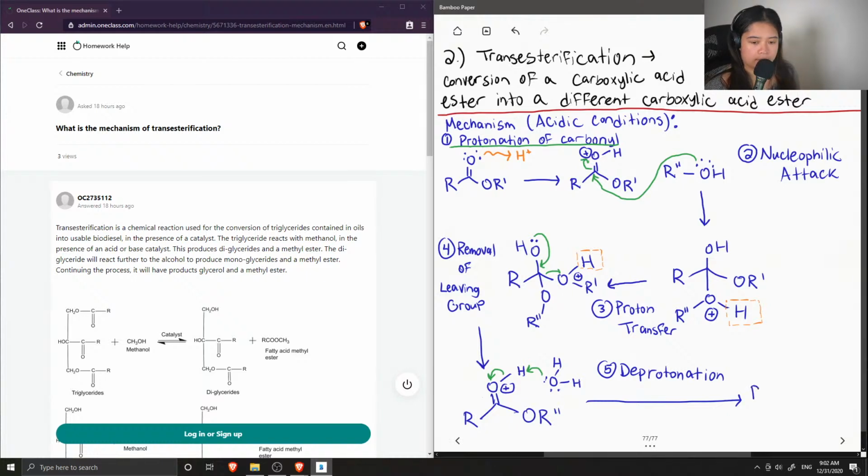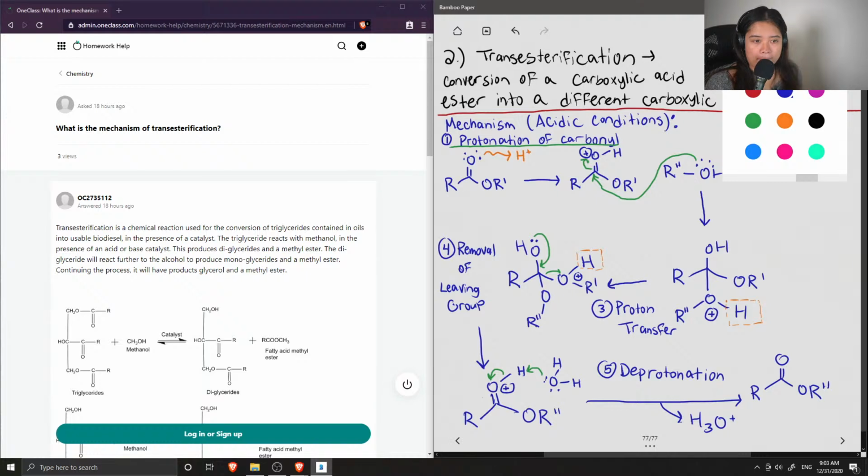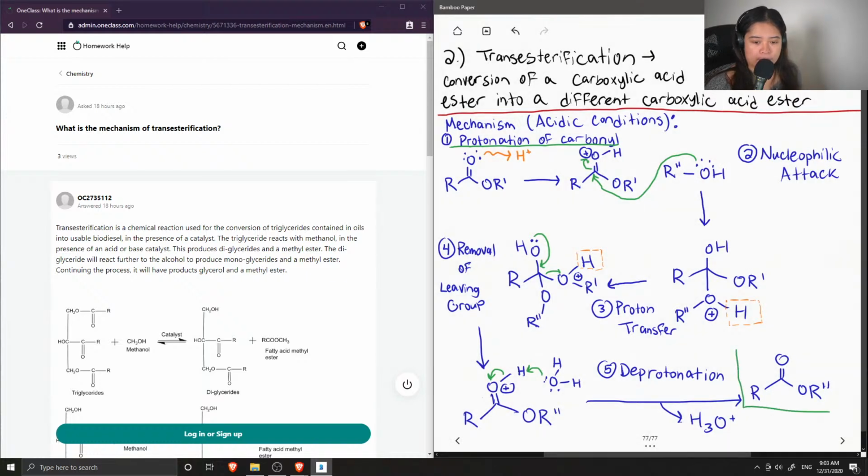And then this leaves us with a new carboxylic acid ester, and H3O plus was formed in the process. And let me just box out the new ester.